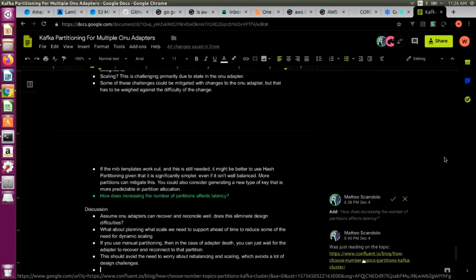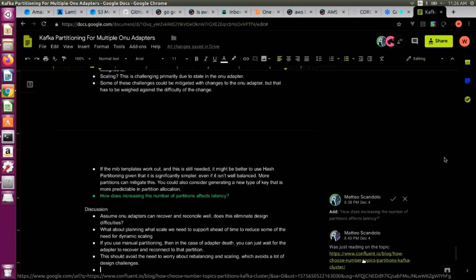By the way, William, are you sure we can dynamically add a new partition? I remember that I couldn't find a solution for that. When I start up the system, I configured it to have like 10 partitions, and with 10 partitions I can bring up 5 ONU adapters, let's say.